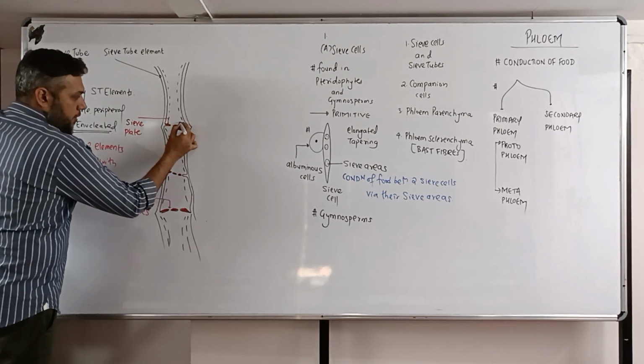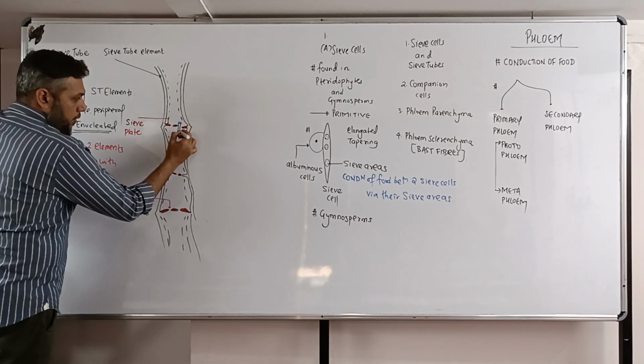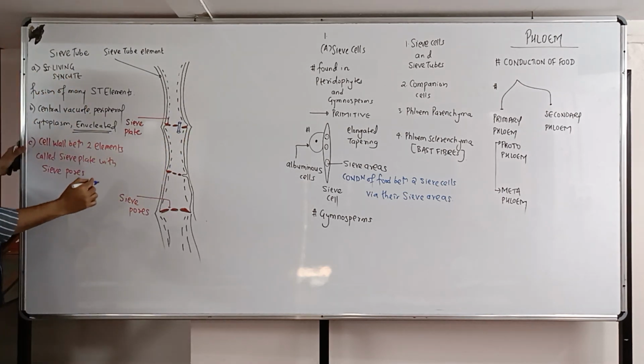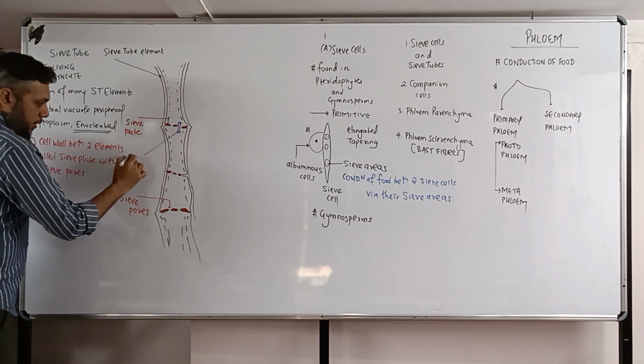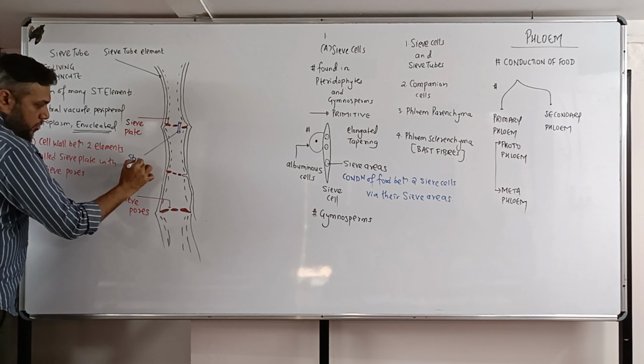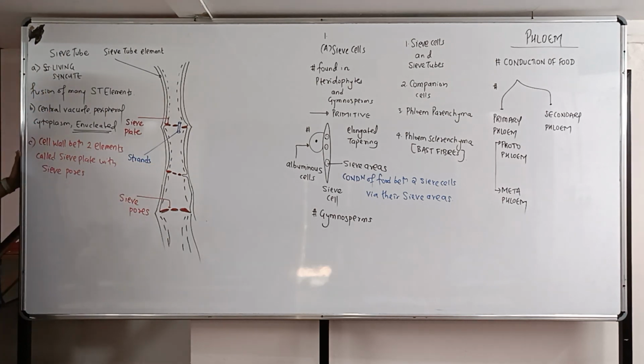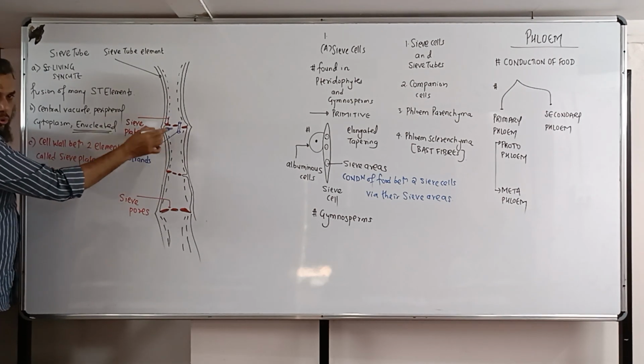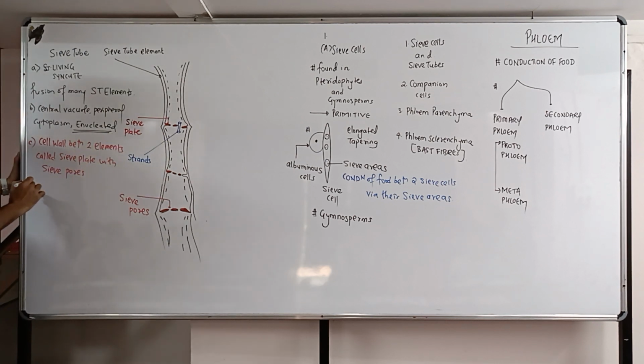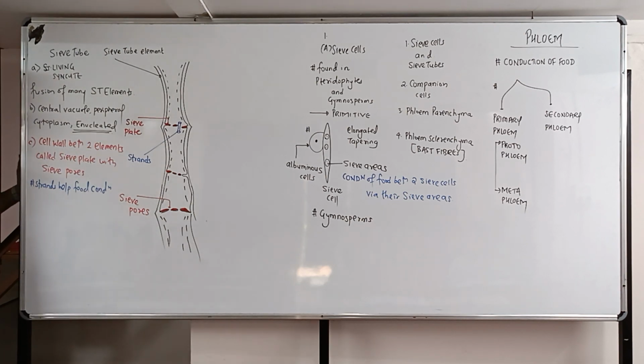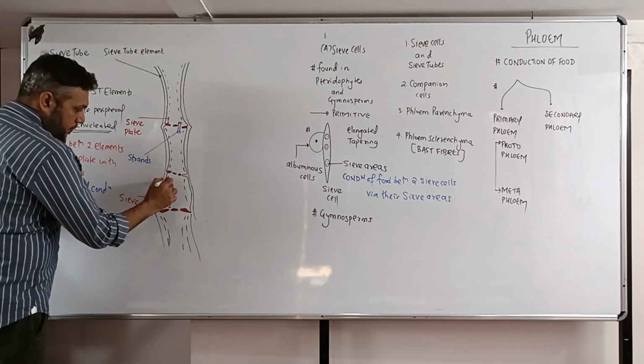Do you see this blue part? These are the cytoplasmic strands which are connecting the two elements, and these cytoplasmic strands will help in food conduction. Got it?